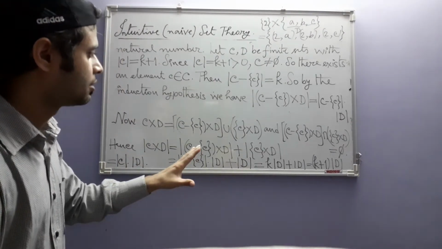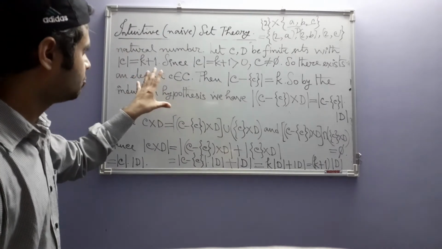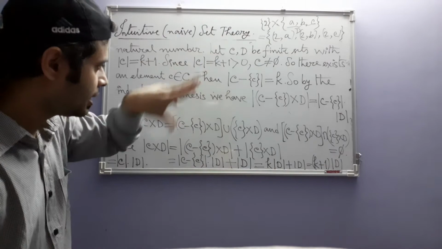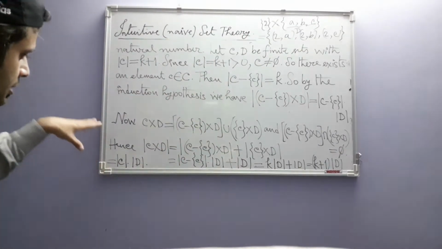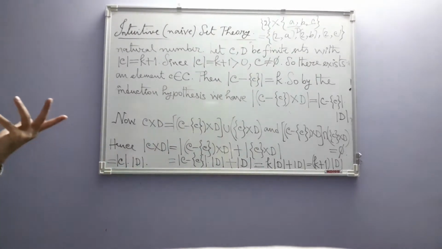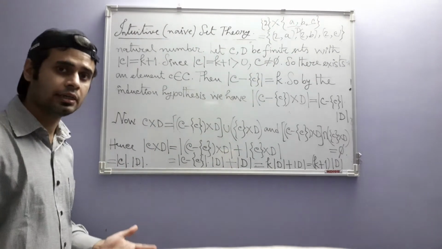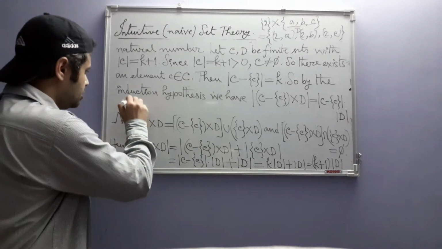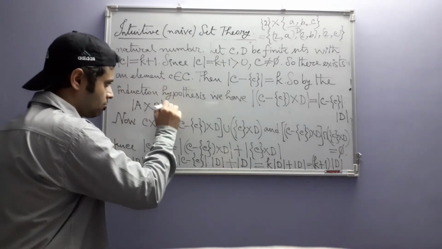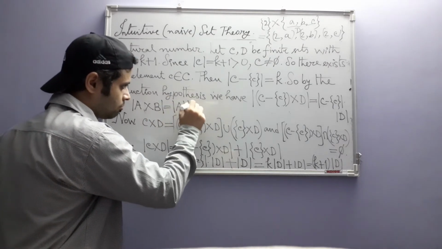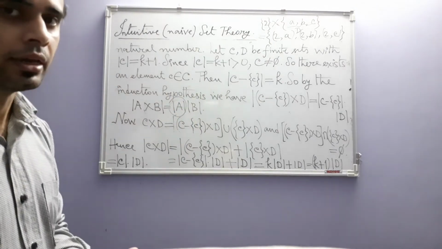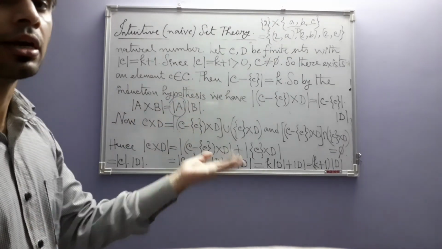Having assumed that the formula we are trying to prove is true where the first set has k elements, we have now proved the same formula where the first set has k plus 1 elements. So this concludes our induction, and so this formula is true for all values of cardinality of A, and that's why it is in general true.